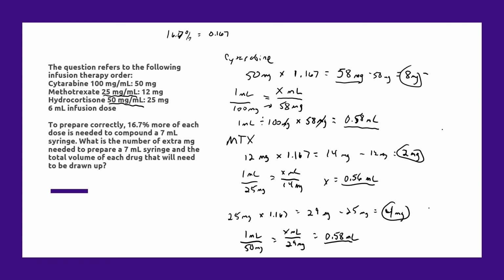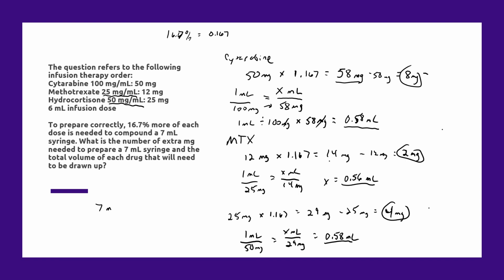The only thing that I would add is you're obviously going to need to add some sterile water to get to a 7 milliliter dose, or perhaps in this instance it'll be normal saline, but whatever your actual solution that you're going to use to dilute these products, depending on the compounding instructions that you're given. We could just solve for that really quick.